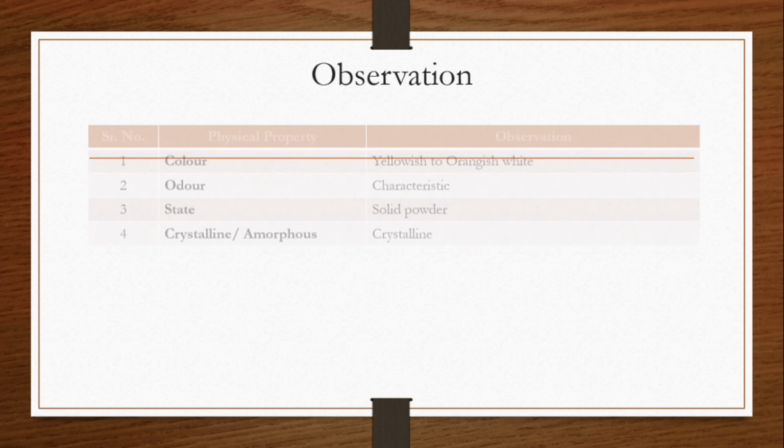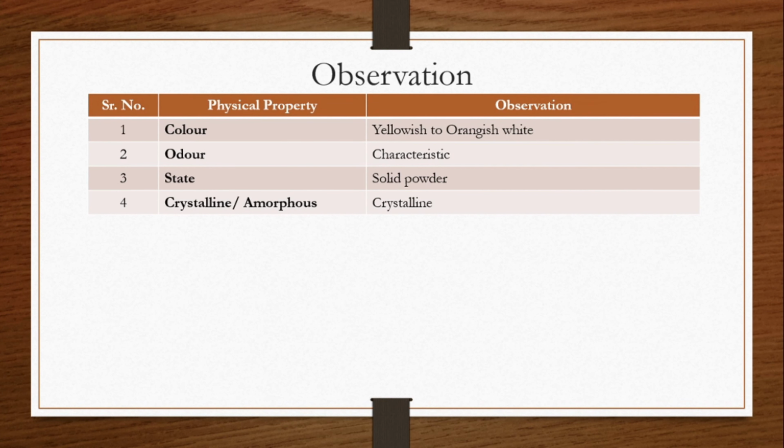Next you have to write the observation, that is, all that you have observed when you carried out this reaction. Under the observation we will discuss the physical properties which are visible through your naked eye or your senses. You can check the color. The color of the product formed will be yellowish to orangish white. The odor is characteristic to your compound.